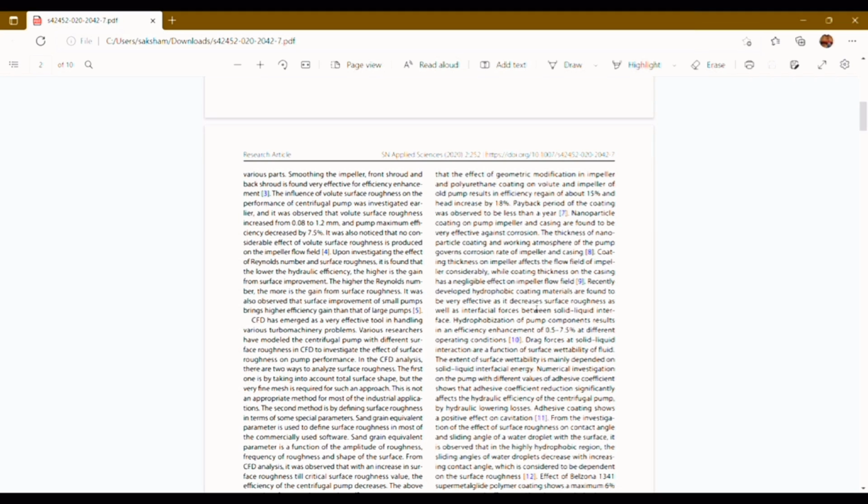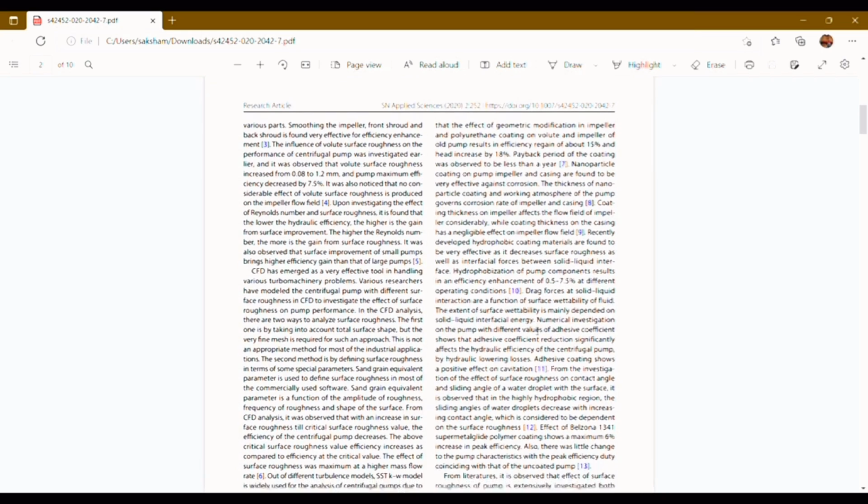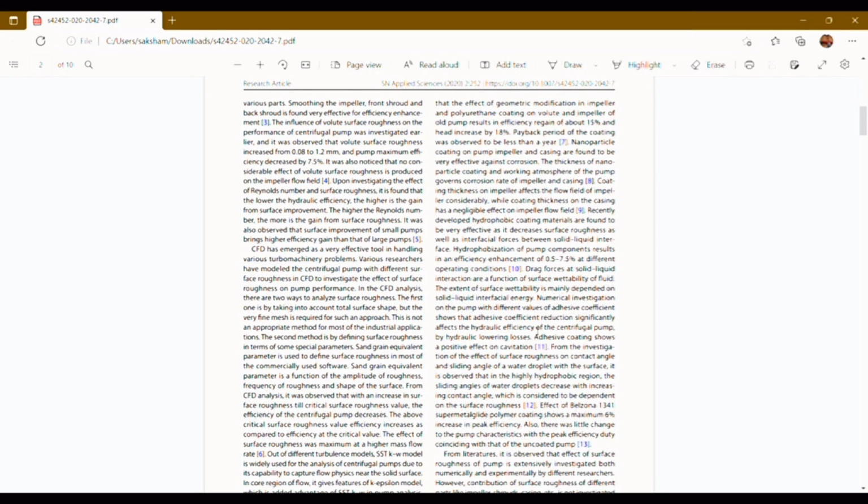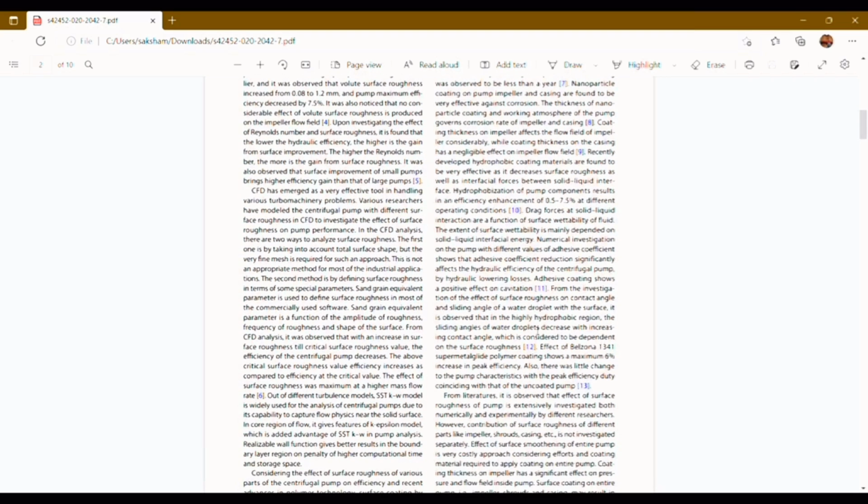Now, CFD has emerged as a very effective tool in handling various turbo machinery problems. Various researchers have modeled the centrifugal pump with different roughness in CFD to investigate the effect of the surface roughness on pump performance.